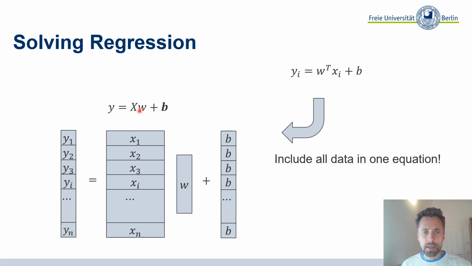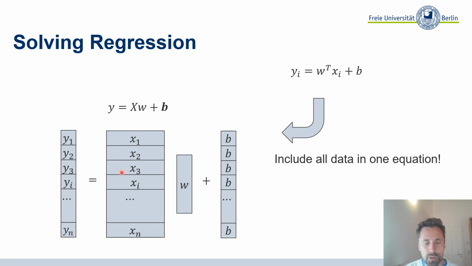So we want that with one multiplication and add operation, all the data is explained. So how do we do this? Well, it's simple. We create a matrix X, and X is a tall matrix. So the more data that we have, the taller it gets.